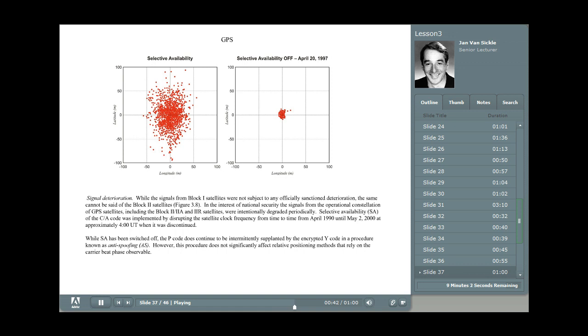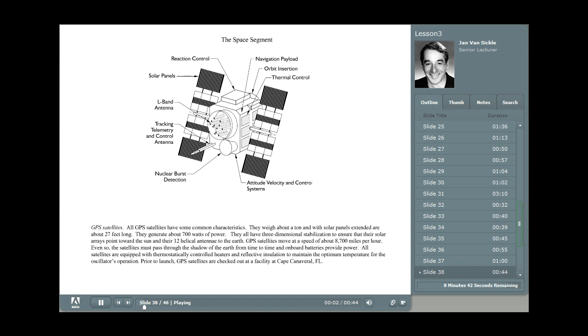And this encryption is to make it difficult to impossible for a bogus signal to mimic the GPS code, especially the secure GPS code, well enough to fool a GPS receiver. And this is known as anti-spoofing.